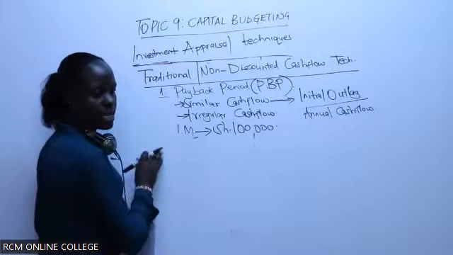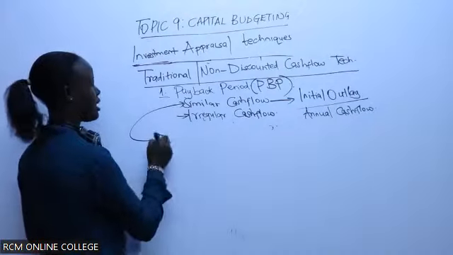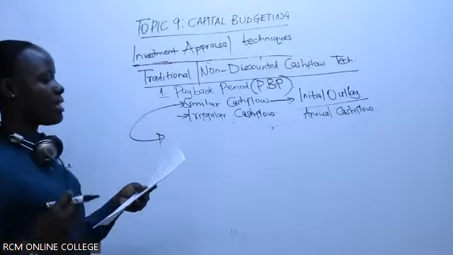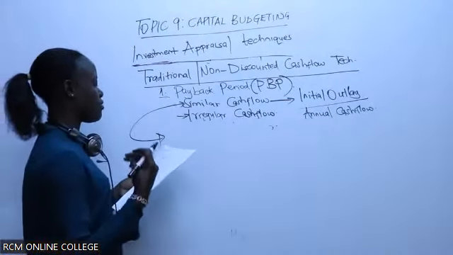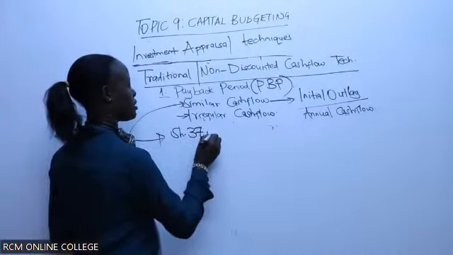We're doing an illustration for a project with similar cash flow. For instance, you're told the cost of an investment of a project is 37,000 shillings.